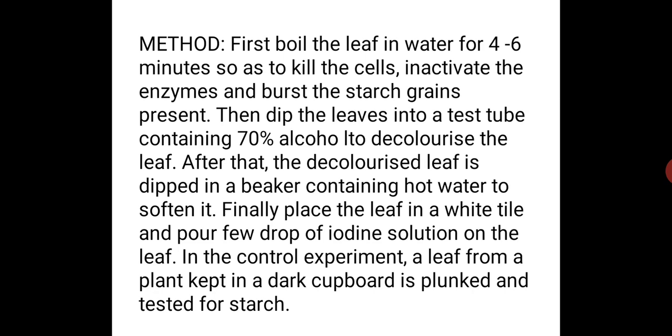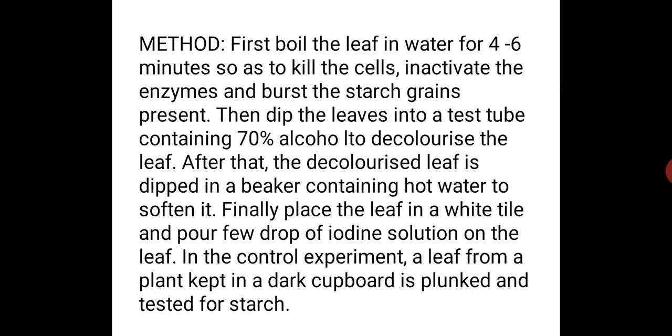Method. First, boil the leaf in water for 4 to 6 minutes so as to kill the cells, inactivate the enzymes, and burst the starch grains present. Then, dip the leaves into a test tube containing 70% alcohol to decolorize the leaves.